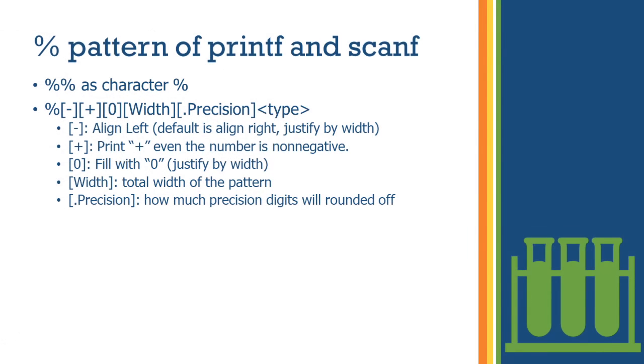And we still have other options. Minus means align left, because we see that if we set width, our content is aligned right. If you add minus, the result will align left.